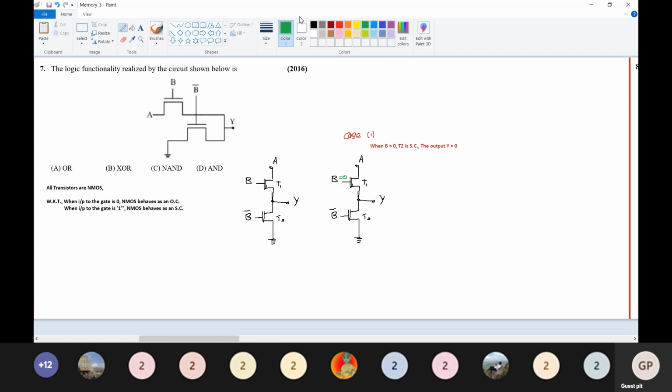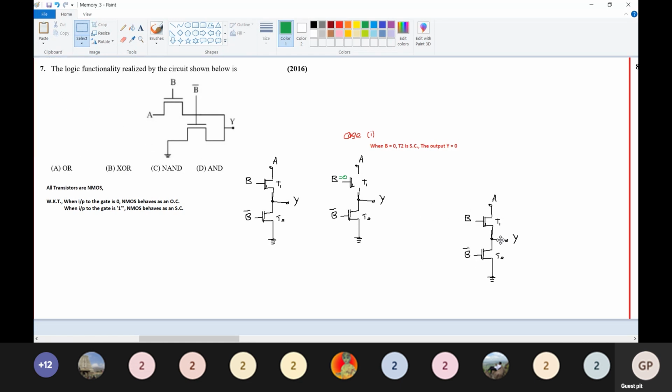Open circuit in the sense this becomes open circuit. So what will happen to your Y? Y is going to be equal to 0, because you don't have any connection between your input A, S, and Y. So therefore, Y is equal to 0.